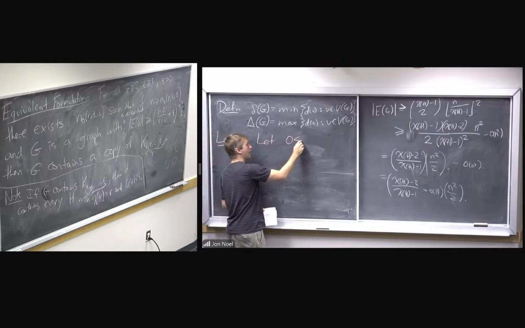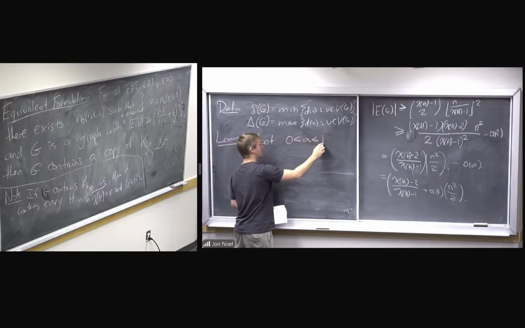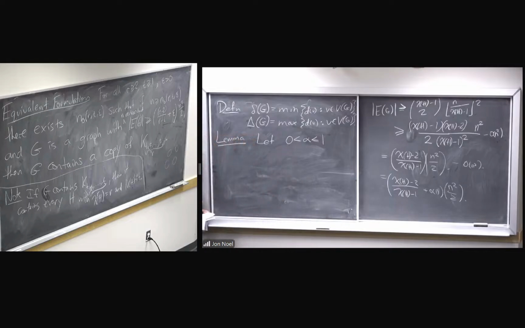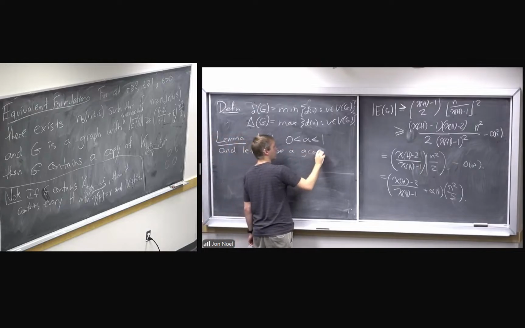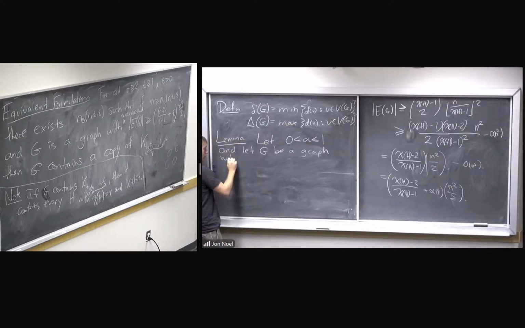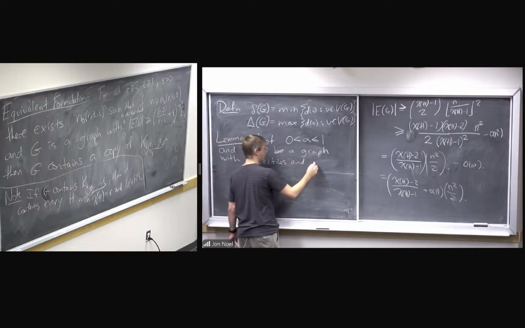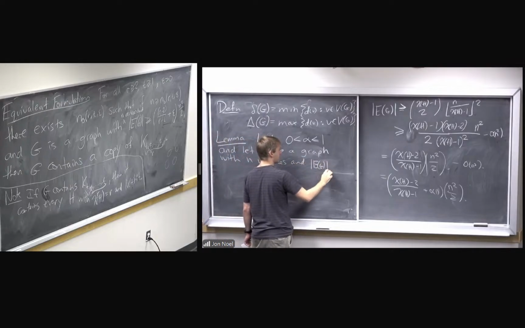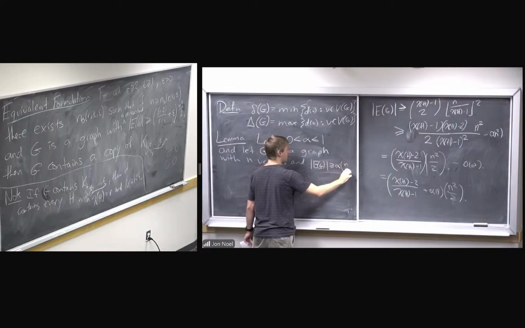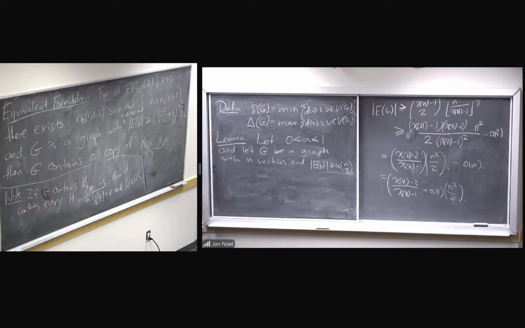So pick some number alpha strictly bigger than 0, but less than or equal to 1. And let G be a graph with n vertices and where the number of edges is at least alpha times n choose 2. I'm just quantifying the density of this graph, basically.